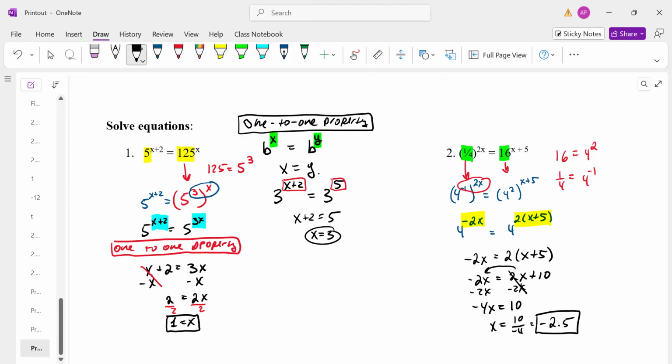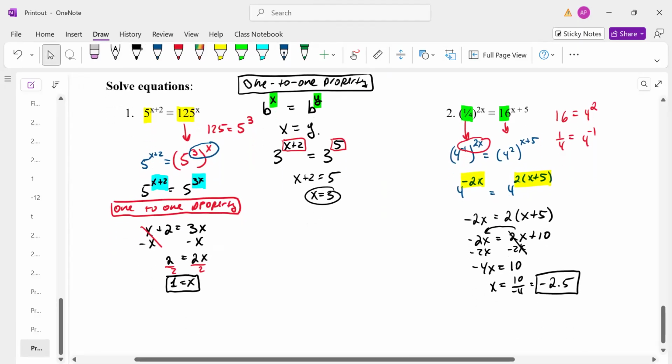So when you solve exponential equations, you have to make the bases the same. You have to think about which numbers, how can we rewrite those. Sometimes you change only one of the bases, but sometimes you change both bases. And once again, usually change the bigger number to become smaller.